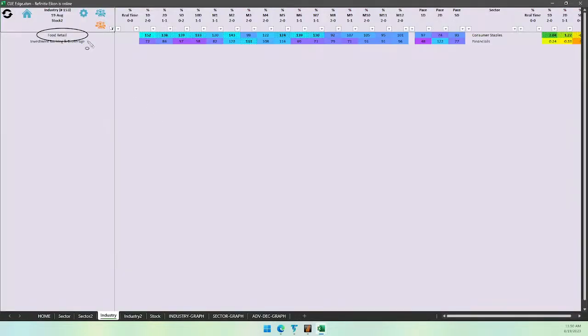Food retail, instantly we can see from the color coding of the industry scorecard, SFM, that is food retail stock, much stronger. That industry is much stronger, not only stronger than the other industry, that is investment banking and brokerage.